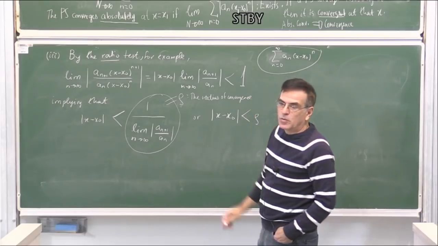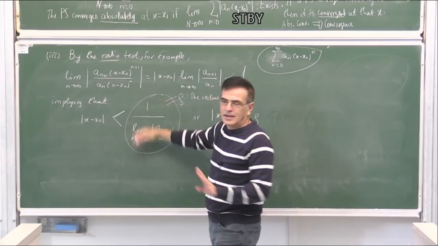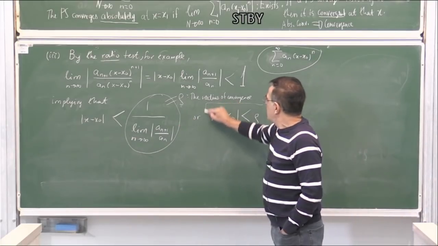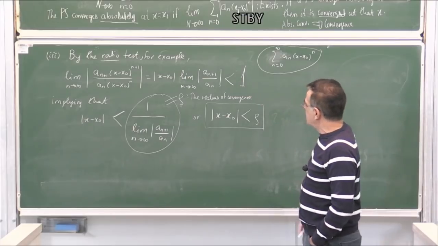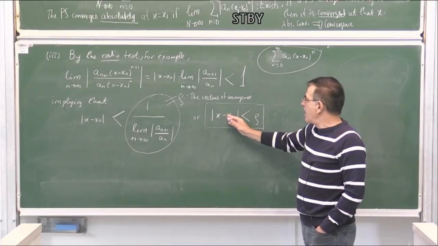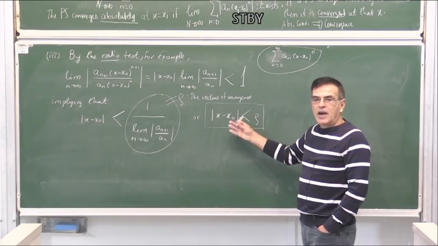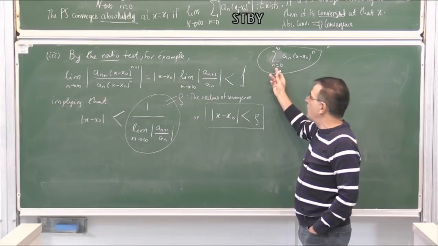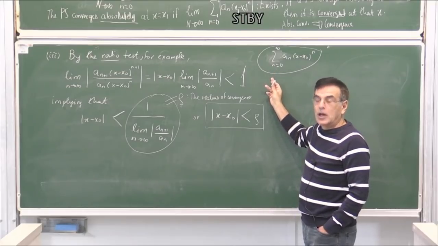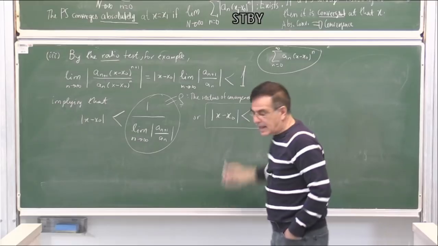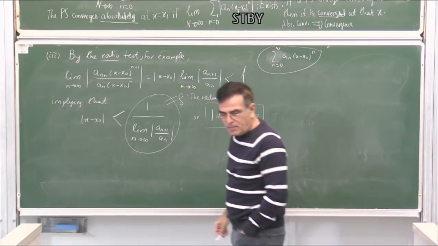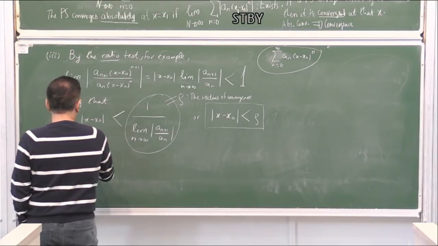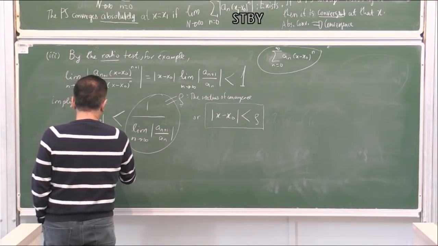In this lecture, we are not going to evaluate this type of limits. But now we understand that if x is somewhere in this interval suggested by this inequality, then the power series is sure to converge absolutely, implying that the power series converges absolutely.